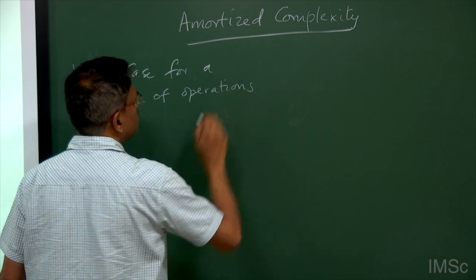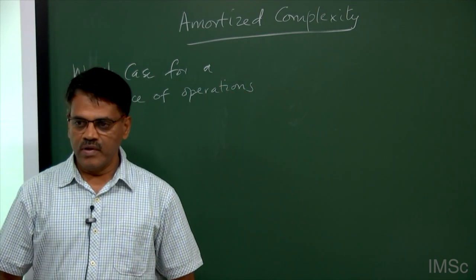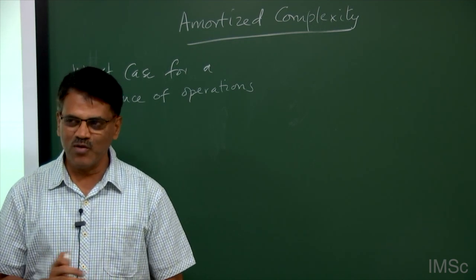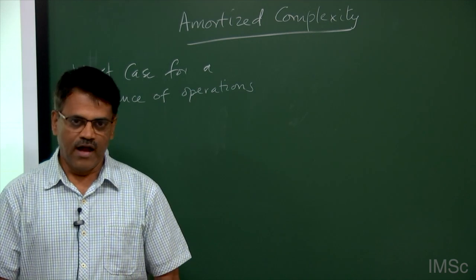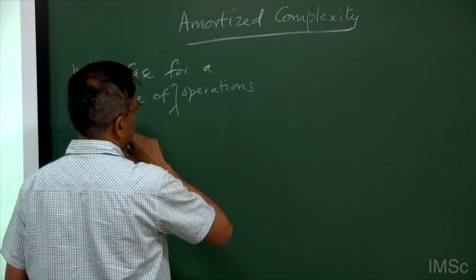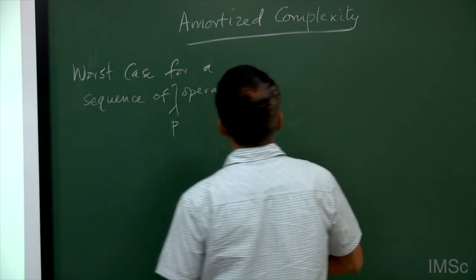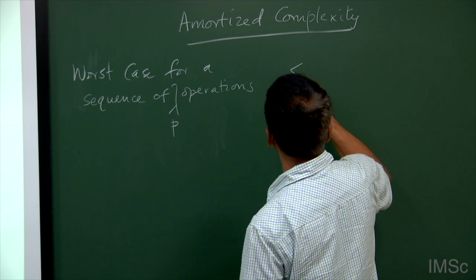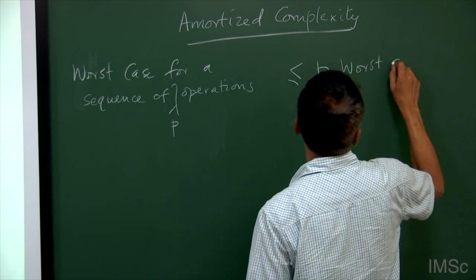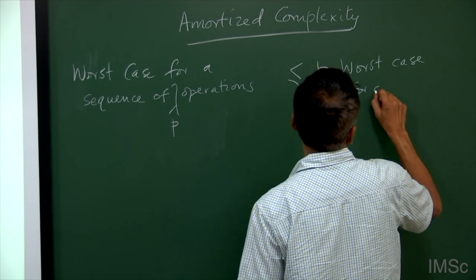So I want the total running time for a sequence of some operations to take a certain amount of time, right? And I want to measure this quantity. Of course, so let's say a sequence of some P operations. We know that this is clearly at most P times the worst case for any operation.